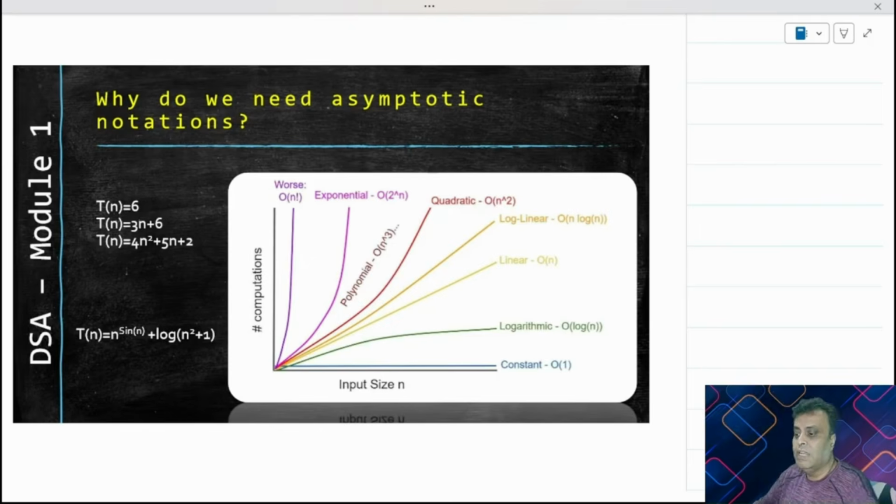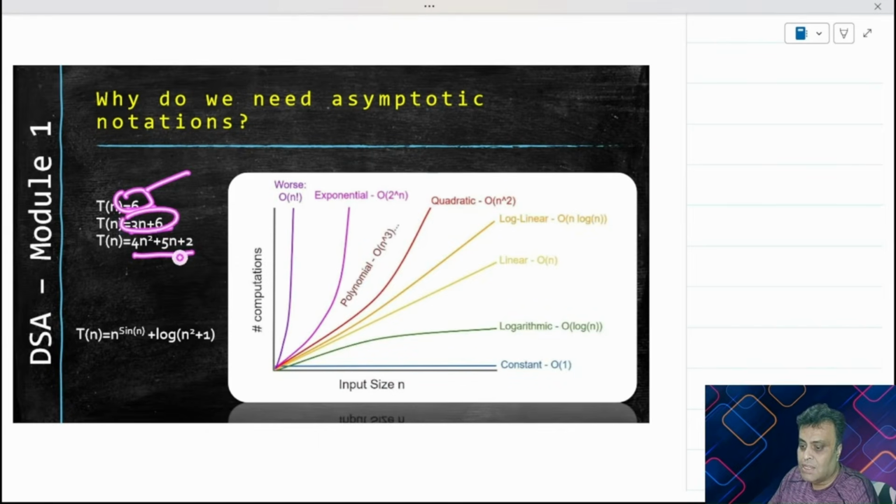So what are you defining? You are defining a method to tell people what kind of algorithm you have produced, whether linear, constant, or logarithmic class of algorithms, and that you can clearly say from what you see here, right? So if it is not having n, it's constant.